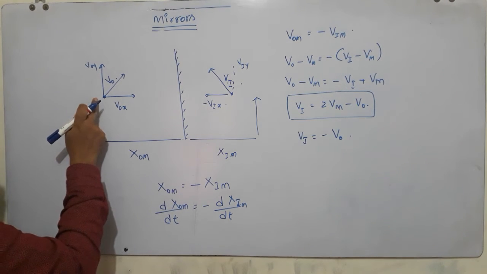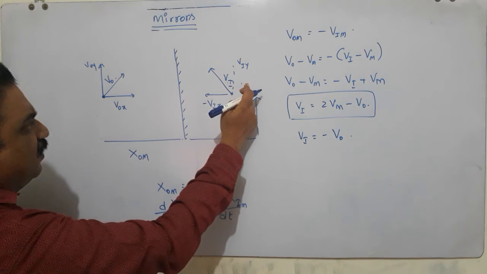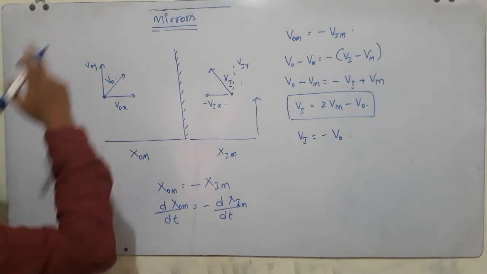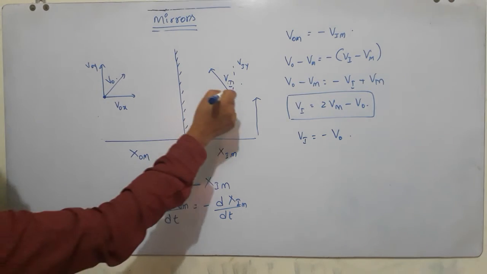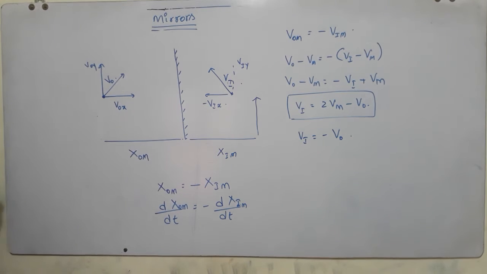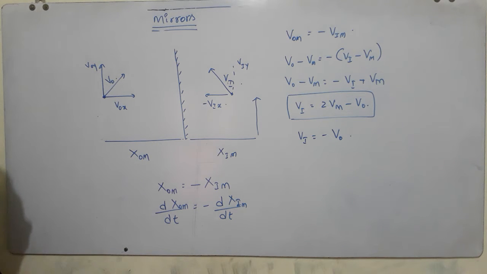Velocity of object as well as velocity of image are in the same direction along the y direction. Otherwise, in the z direction also, the velocities will not be changed.